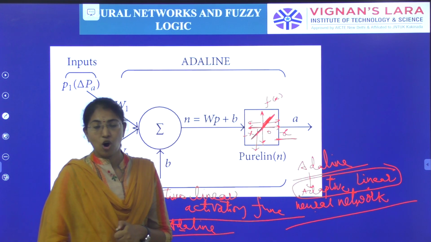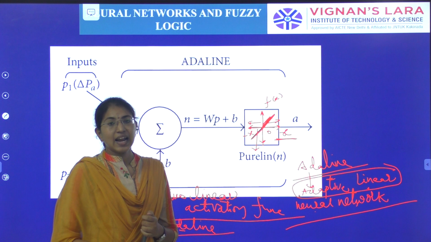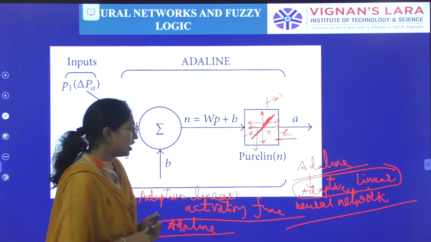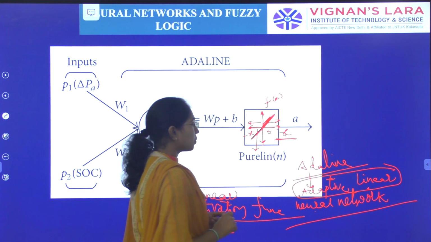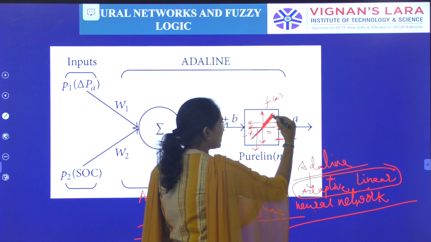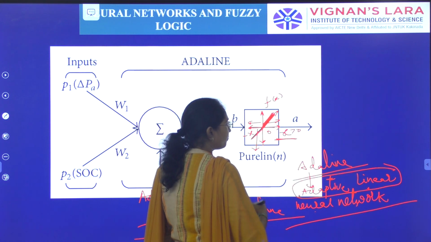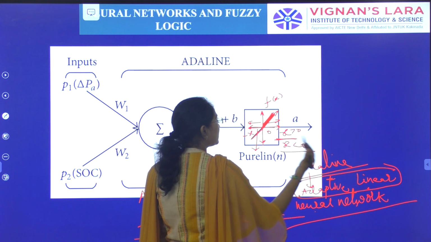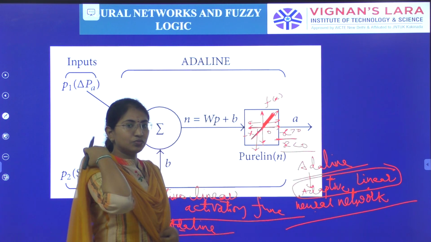So this is called the Adaline neural network. It will generate a positive value if x is greater than 0, and a negative value if x is less than 0.